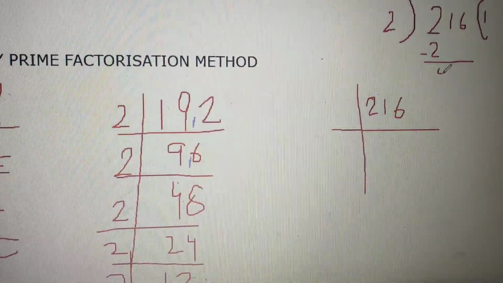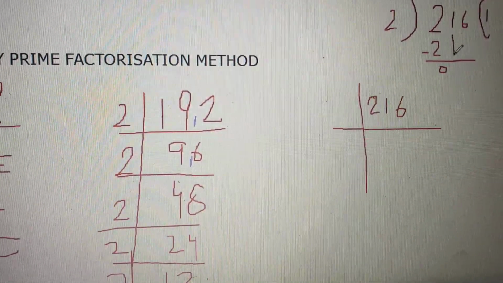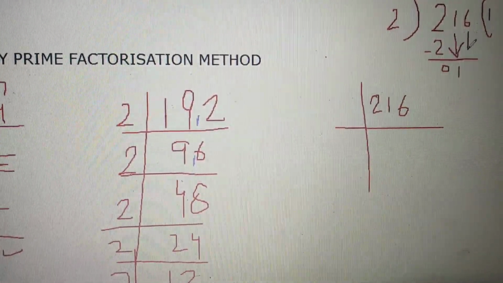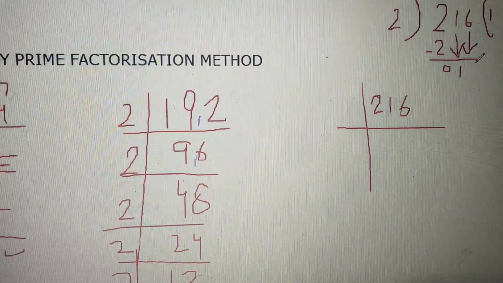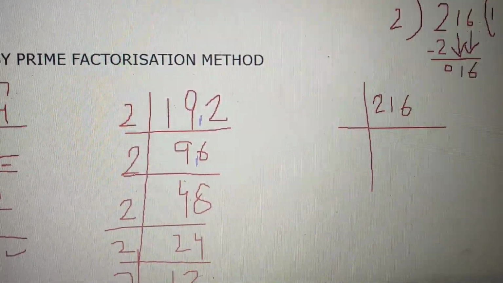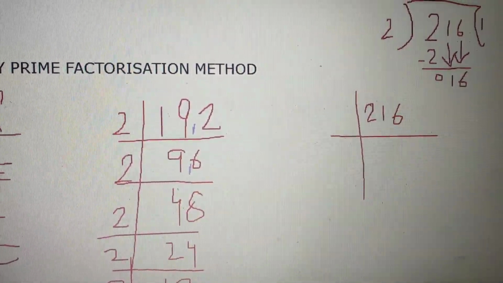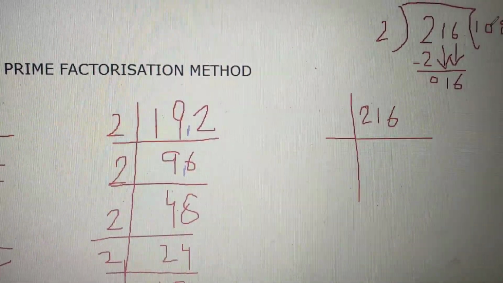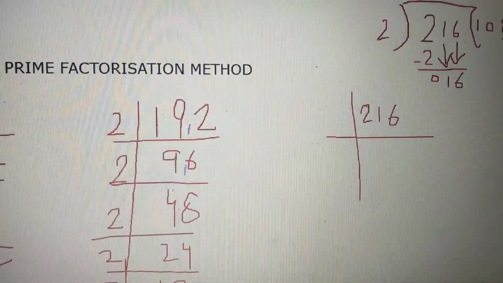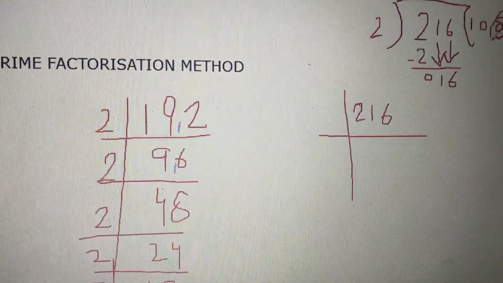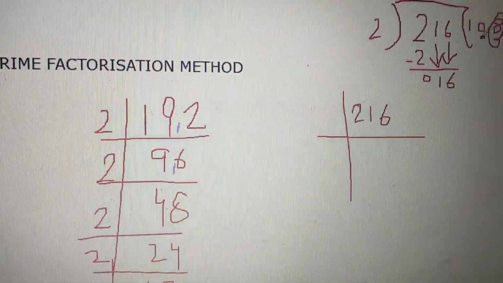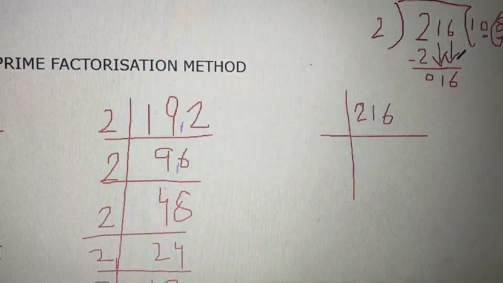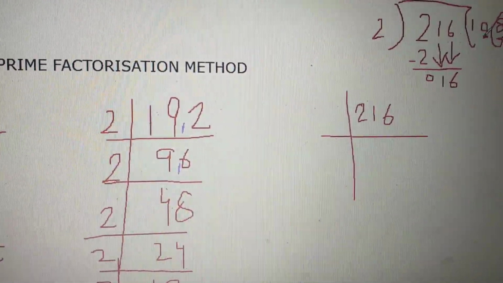Now I have got 1 here. 1 doesn't come in the table of 2, so I have to bring down the next number, that is 6. Now the number has become 16. I will not directly write 8 here. First of all I will write 0 in between, because I have used two numbers together. So whenever you bring down two numbers together, you have to use 0 in between.